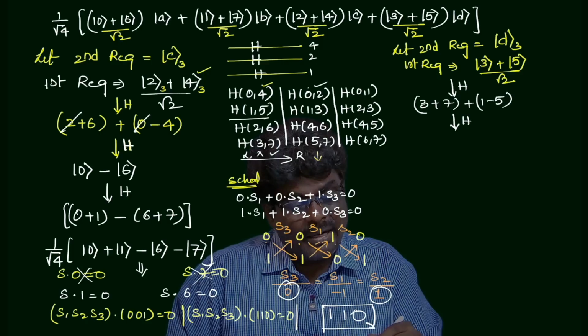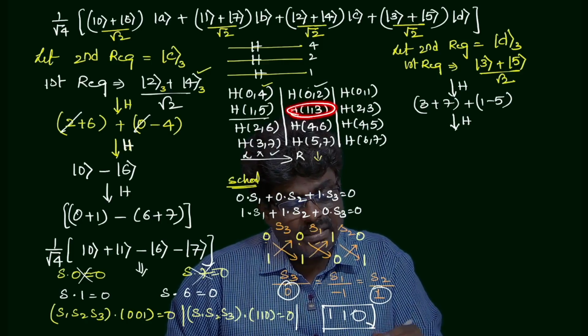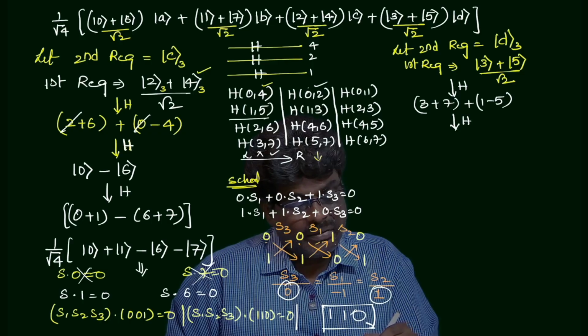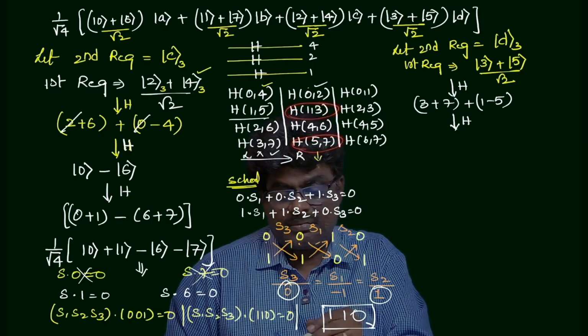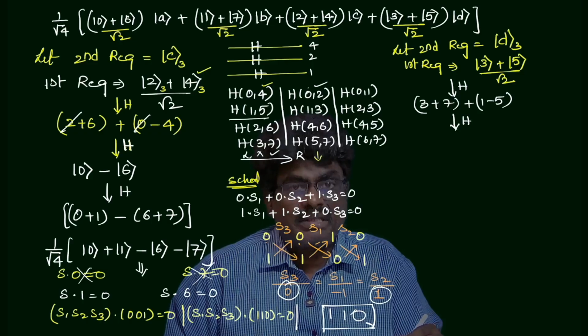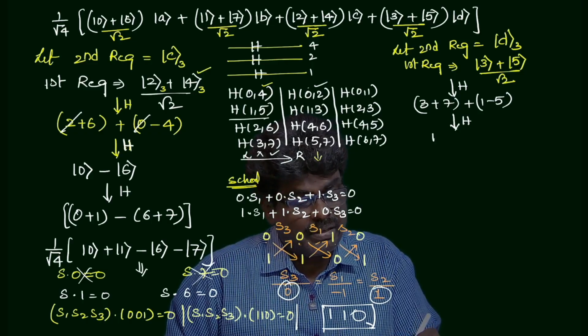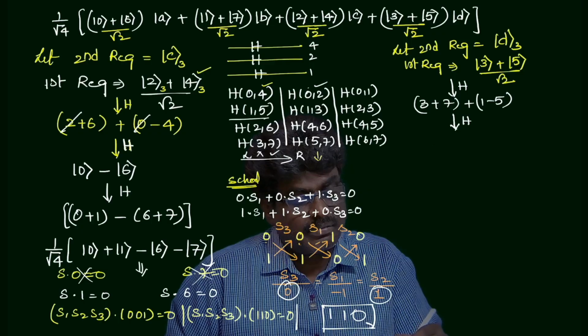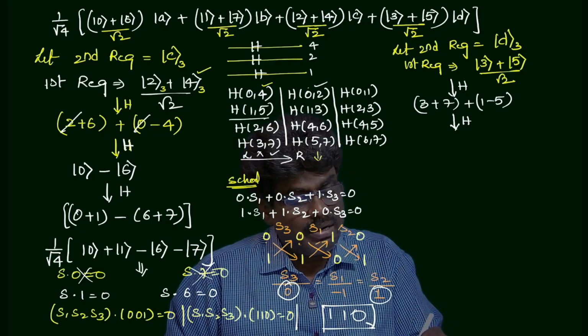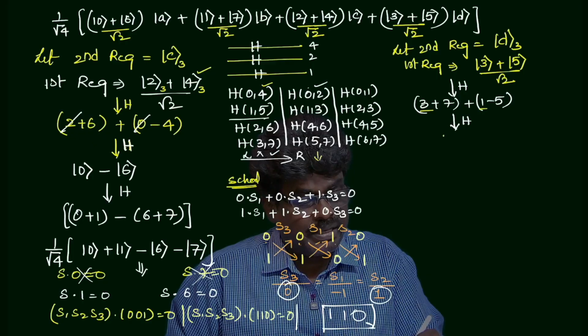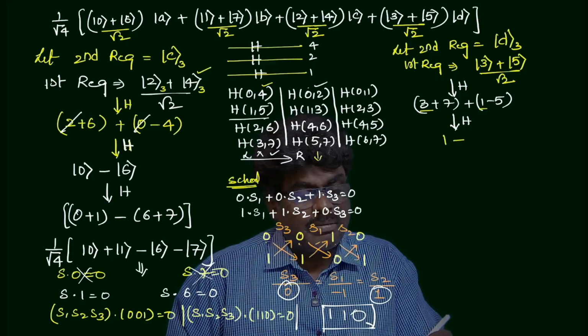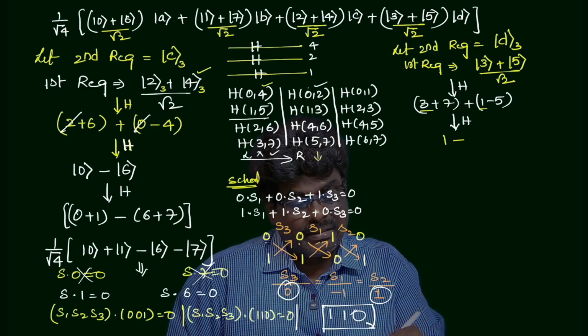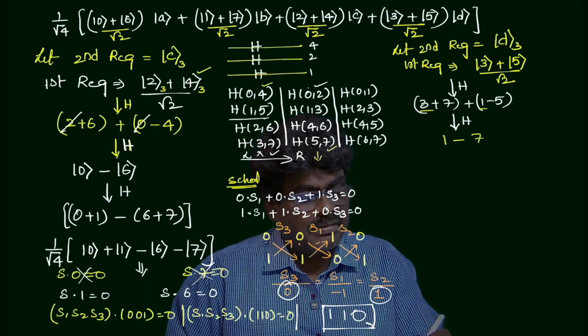So we have 1 and 3 combination, and 5 and 7 combination. That's good. So 1 plus 3, that's why off, it is 1.